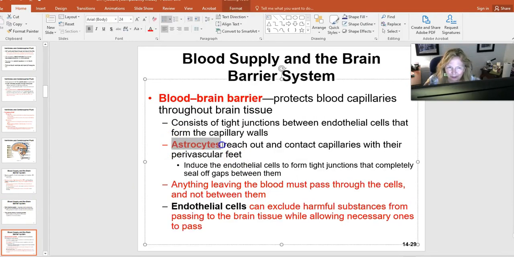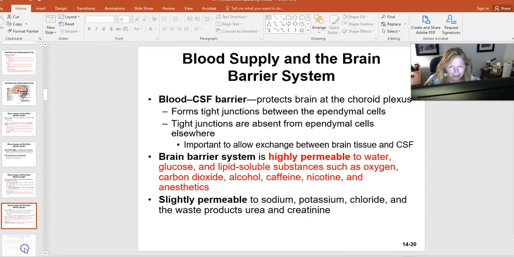So we had talked about these astrocytes, these very special glial cells that provide that for us. And those endothelial cells can exclude harmful substances, only allowing the necessary ones to actually come in.